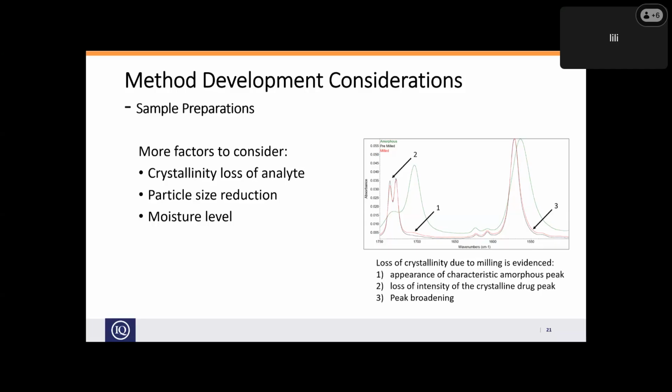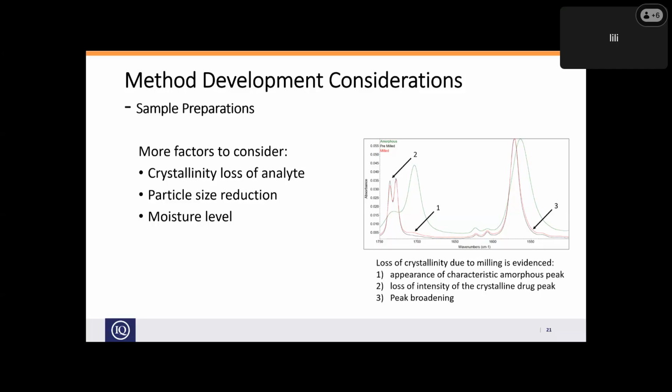Another benefit could be that with reduced particle size, it could reduce preferred orientation, which a lot of times may be a significant factor for techniques such as PXRD.